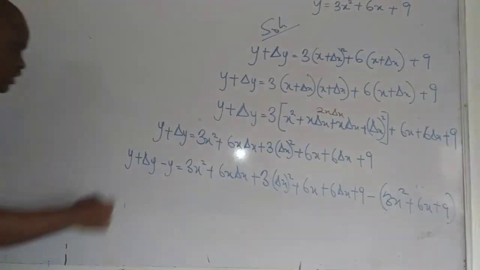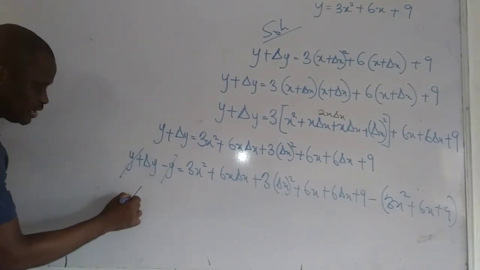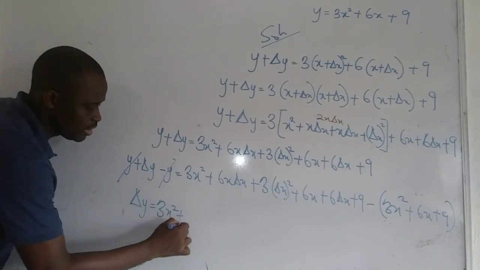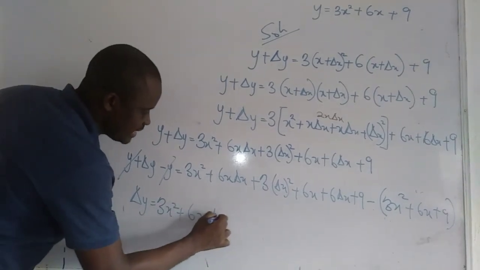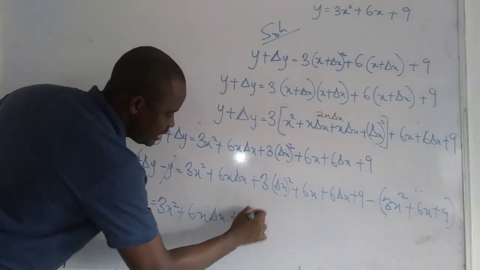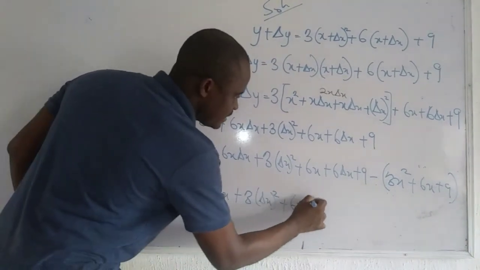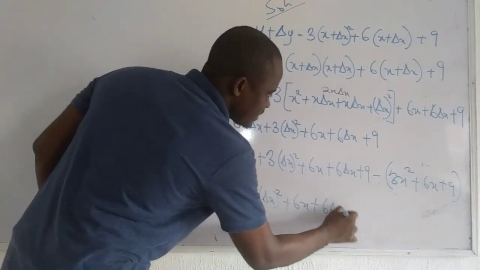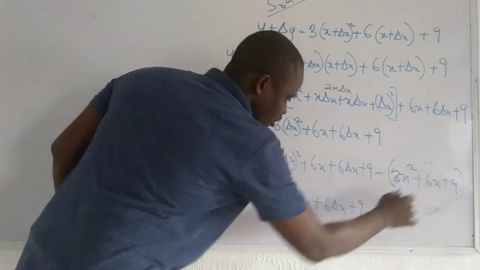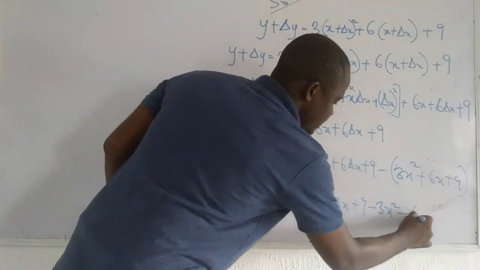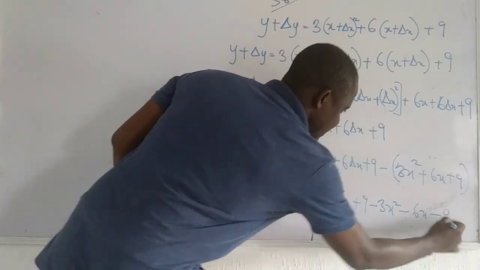I've done that successfully. This cancels this. So this delta y equals 3x squared plus 6x delta x plus 3 delta x squared plus 6x plus 6 delta x plus 9. Let's use minus to affect that. Minus 3x squared minus 6x minus 9.